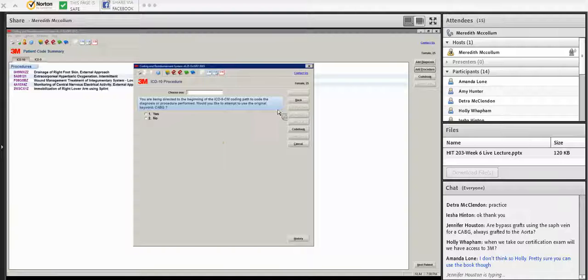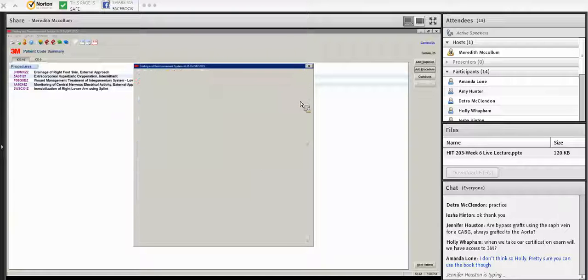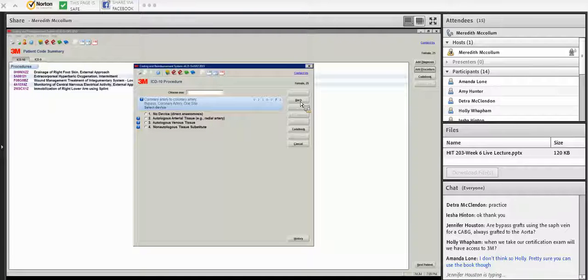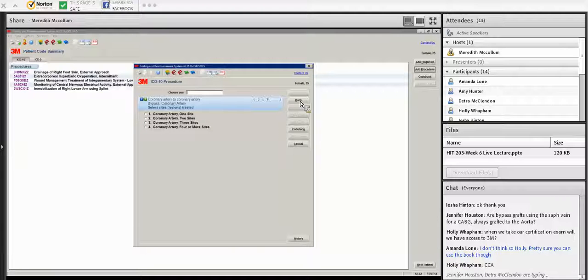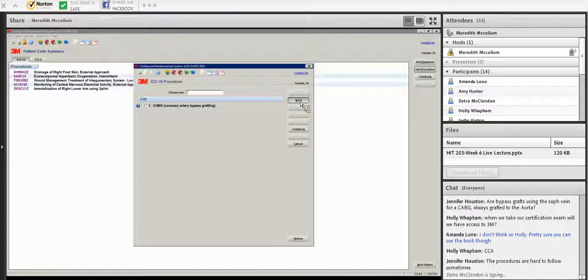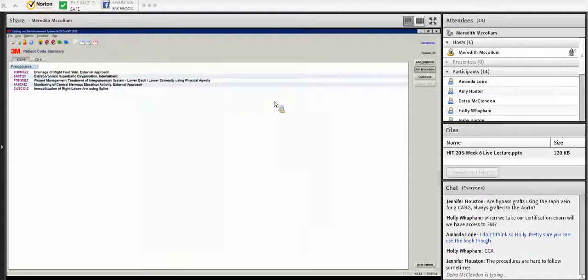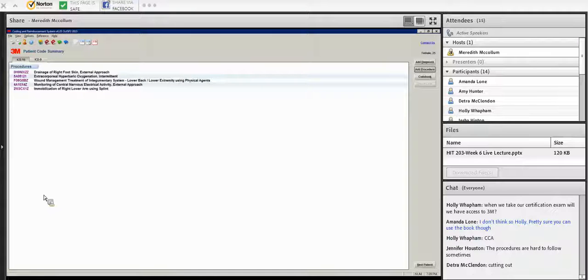Yes, Holly, you don't have it, and are you doing the RHIT exam, or which exam are you looking at? CCA, I'm not sure about the CCA. I'm trying to think if I was allowed to use my book. I think on the CCS I was allowed to use my book, but they don't have access to 3M, no. And on the RHIT, you will not be allowed to use your book.